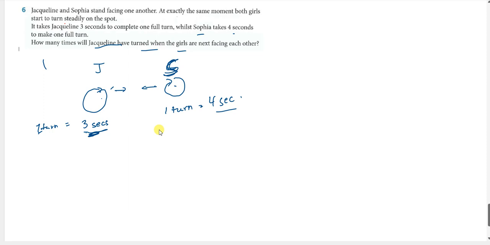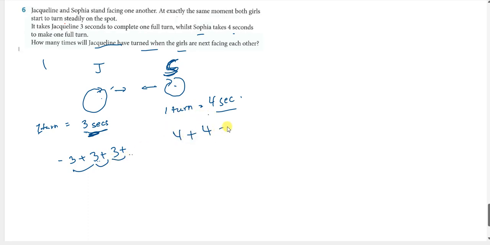So how do we solve this? As you know, they're spinning and taking turns. Let's say this person takes 3 seconds for one turn, another turn 3 seconds, another turn 3 seconds. So 3 plus 3 is 6, 6 plus 3 is 9. Similarly for 4, 4 plus 4 plus 4 plus 4.